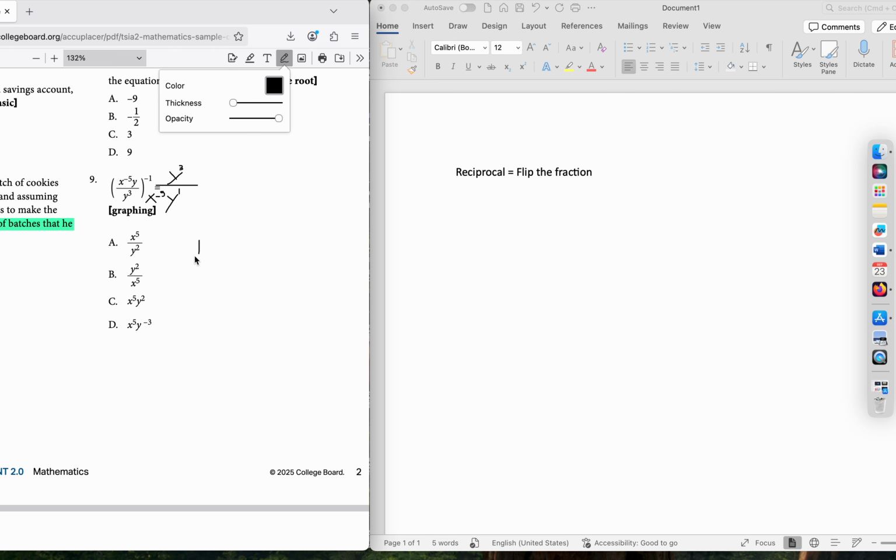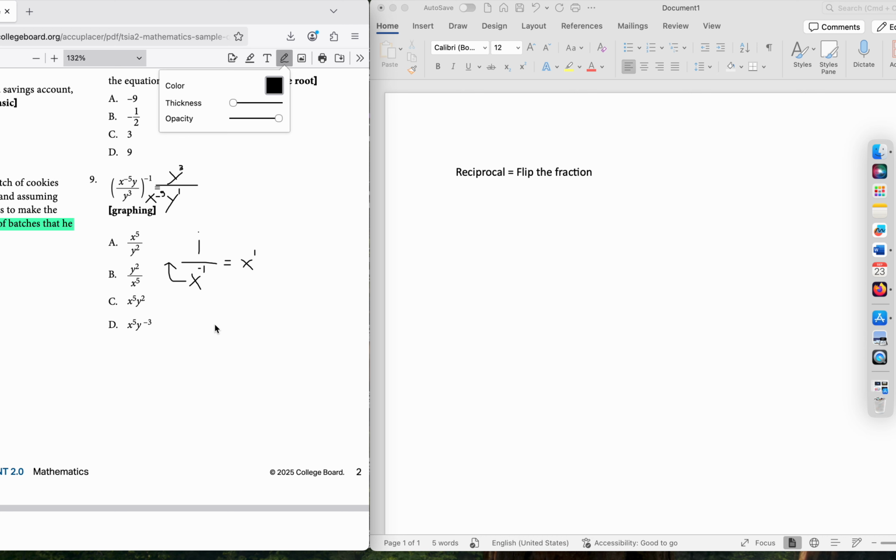If you have 1 over x to the -1st power, there's a property that says that you can move this variable up to the top, and it will change the exponent's sign. And so another way of writing 1 over x to the -1st power is x to the +1 power, or just x.